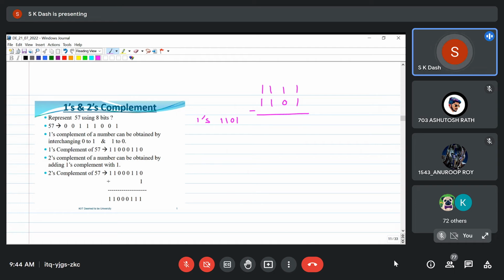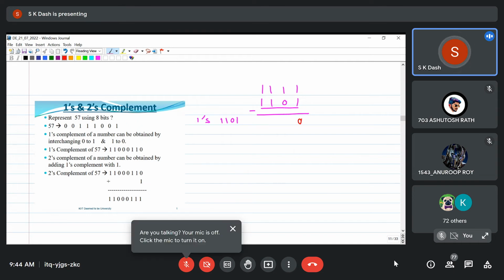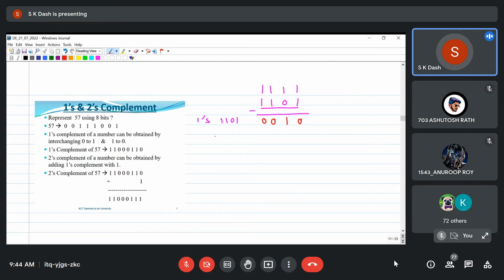So if we subtract 1101 from 4 ones, here it is 4 bits, that's why I'm taking 4 ones. Then you will get the ones complement. So 1 minus 1 is 0, 1 minus 0 is 1, 1 minus 1 is 0, 1 minus 1 is 0. So the one's complement of 1101 is 0010.